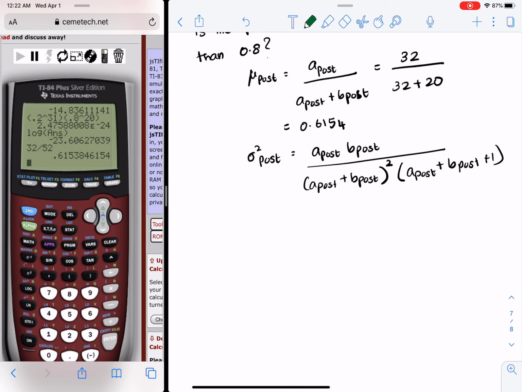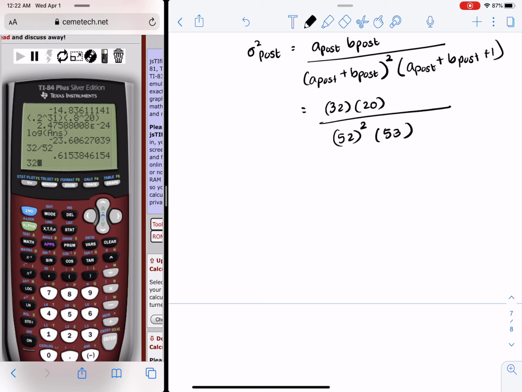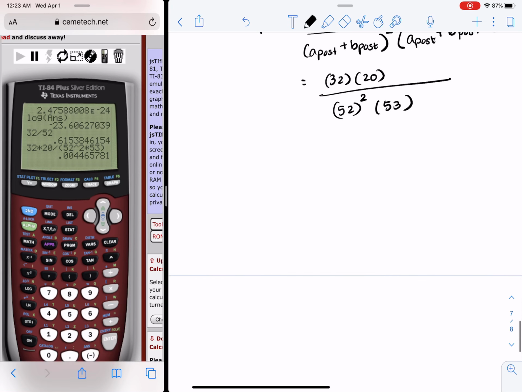So the value now becomes 32 times 20 divided by 52 squared times 53. So 32 times 20 divided by 52 squared times 53. That happens to be 0.0044, or 0.0045.